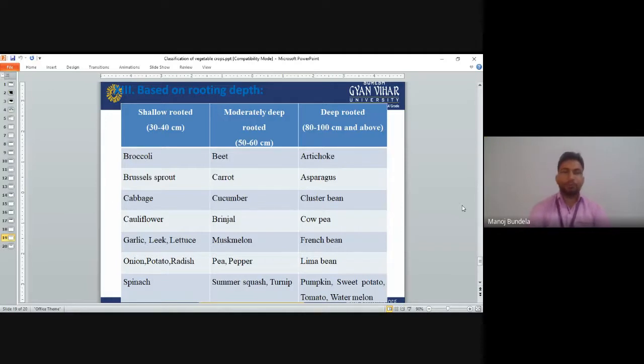Moderately deep rooted means 50 to 60 centimeters: beetroot, carrot, cucumber, brinjal, muskmelon, pea, pepper, summer squash, and turnip.